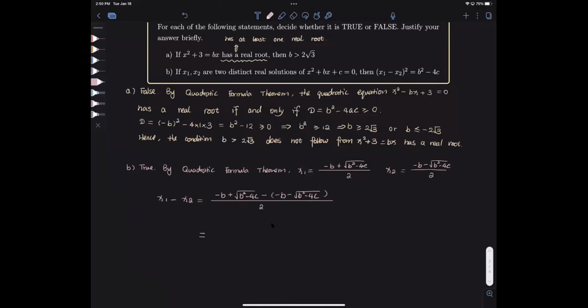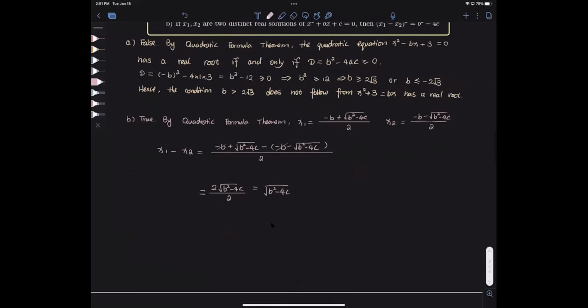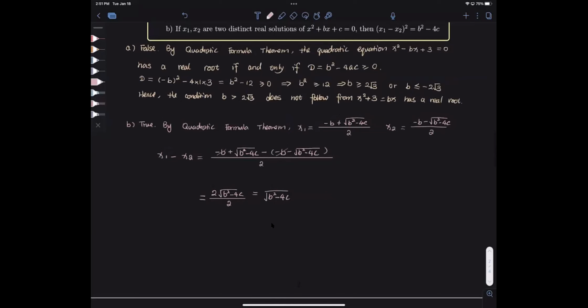You'll get just the square root of the discriminant. So those two cancel out, those two add together to be 2 times square root of b squared minus 4c, over 2, which will be square root of b squared minus 4c. Okay? And what do we do next?